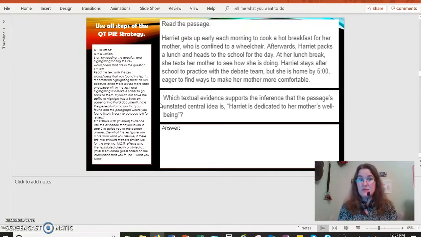And so we know it's based on textual evidence. That's not really important per se, but what we're looking for as we're reading, what we're trying to answer, we say, okay, central idea, that's important, right? And so we make a note of it.